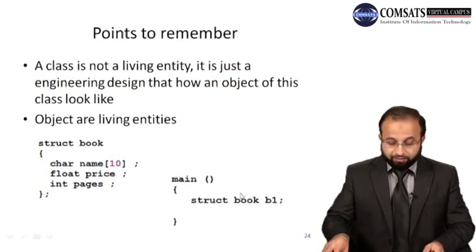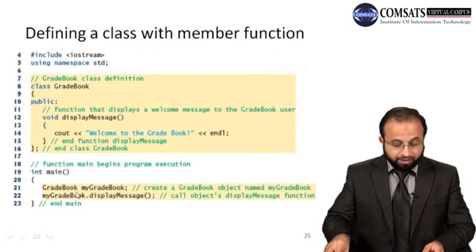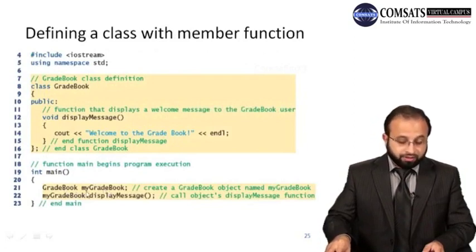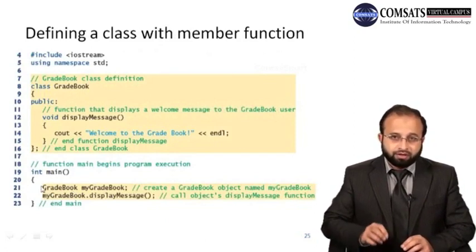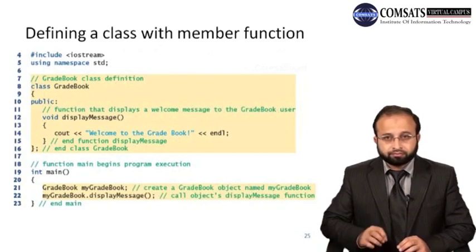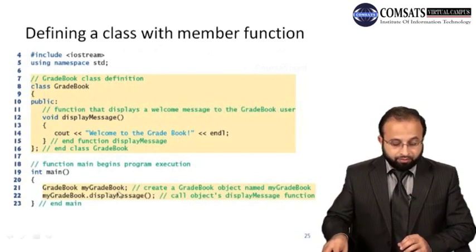Now when you create this variable whose type is struct book, the memory will be allocated for b1. So when you create the variable myGradeBook whose type is the GradeBook class, there is no need to specify the keyword class with GradeBook. You can just simply write the name of the class, that is GradeBook, space myGradeBook, semicolon.